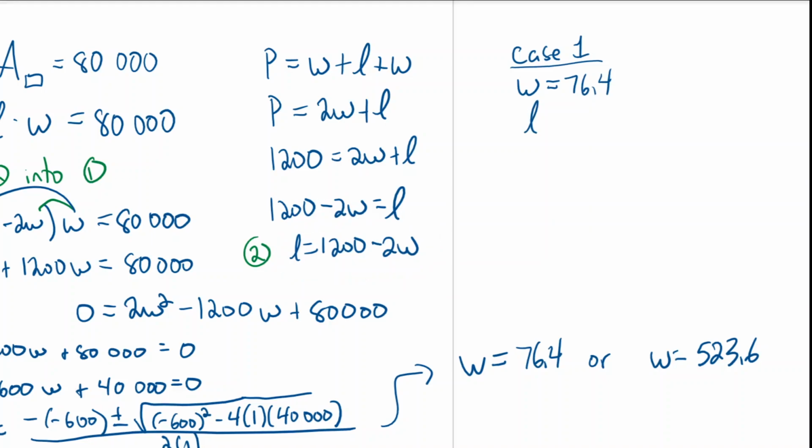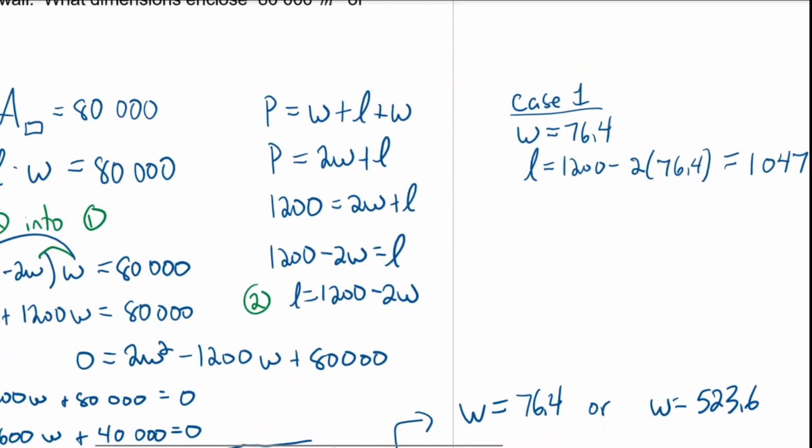We could toss that in and get 1200 minus 2 times 76.4. We end up getting 1047.2.